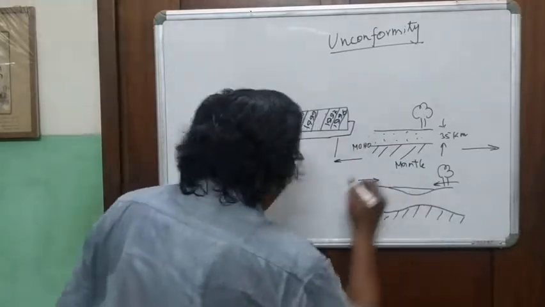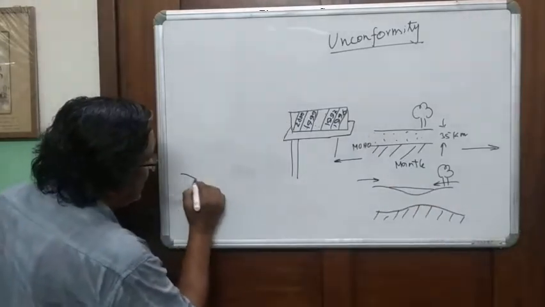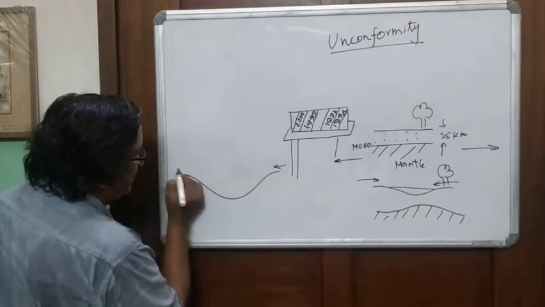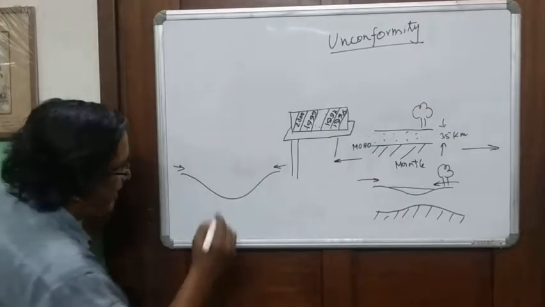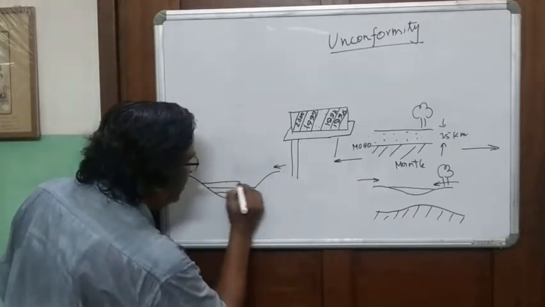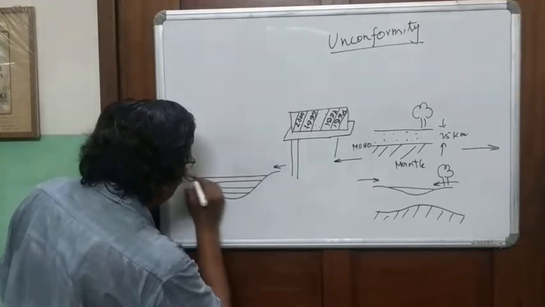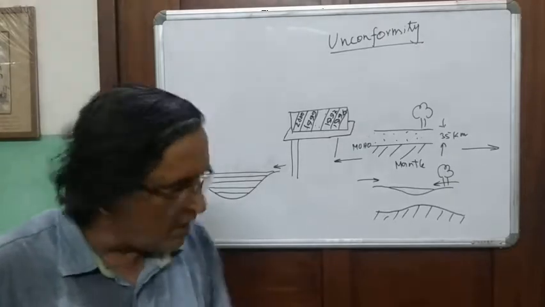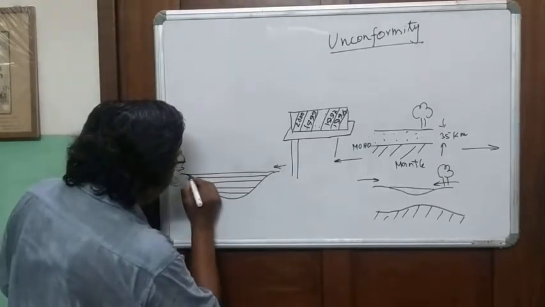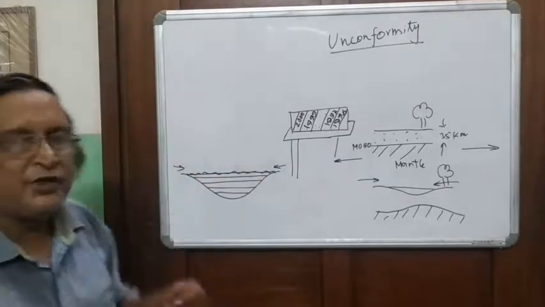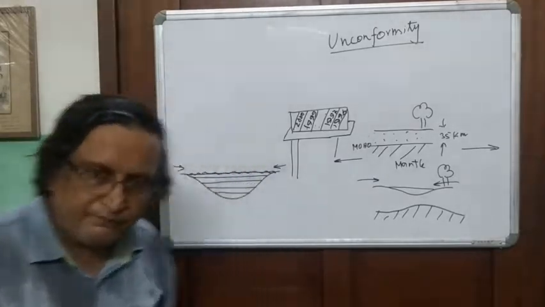If we amplify this basin, and material is being transported from both directions, so you will have precipitation of sediments, and sediments will be deposited below the water level. Above the water level there cannot be any deposition.